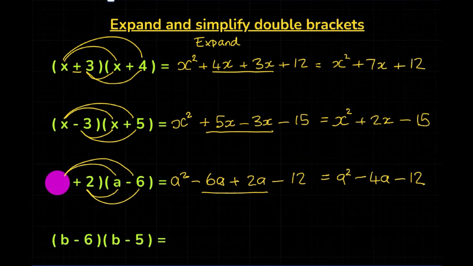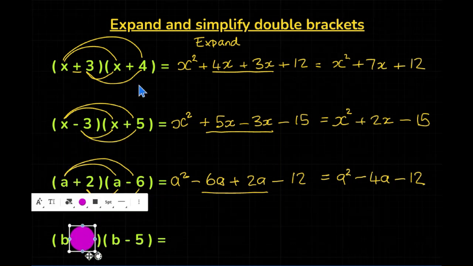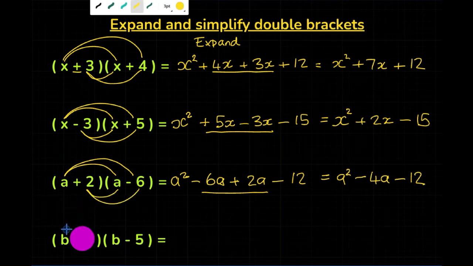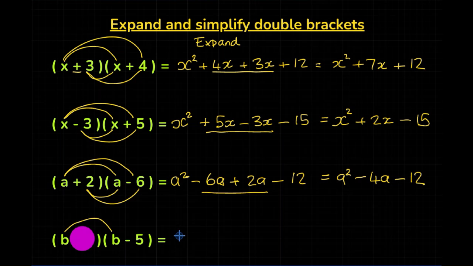And so now we can do the very last one. Okay, so let's move our dot again to cover up the number. b times b is b squared. b times minus 5 is minus 5b.